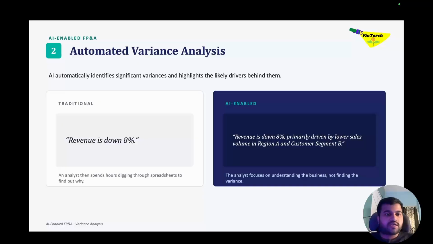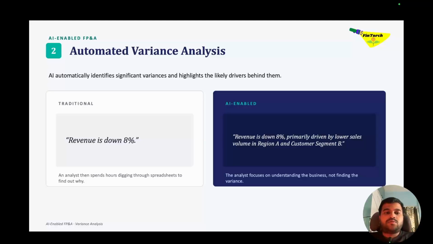Let's move on to the second use case. We are talking about automated variance analysis. When variance analysis is in the picture, it's always about decision making. This starts your decision making process in FP&A.